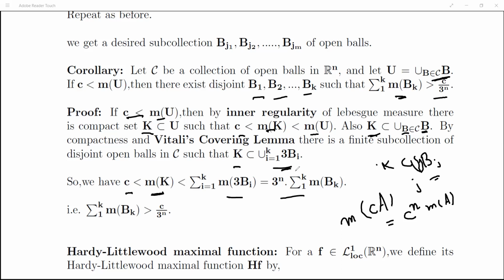So you can always cover a fraction of your whole region U by a finite number of disjoint balls. Whenever C is something less than the measure of U, the sum of the measures of these balls is greater than C by 3 to the power n. So that is the corollary.